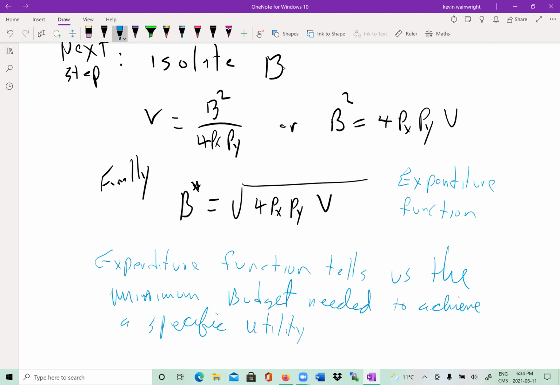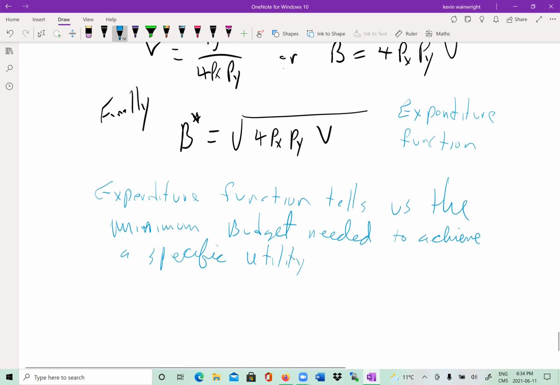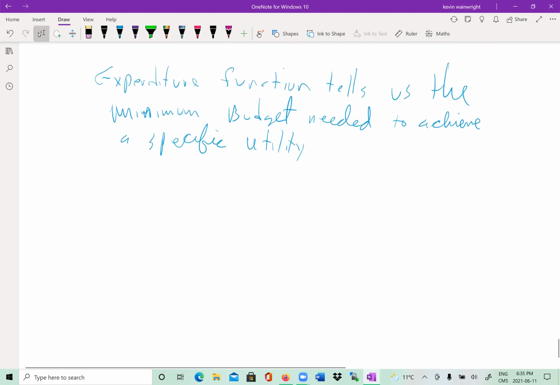Okay, so the expenditure function will tell me the budget I need to achieve a specific utility number.